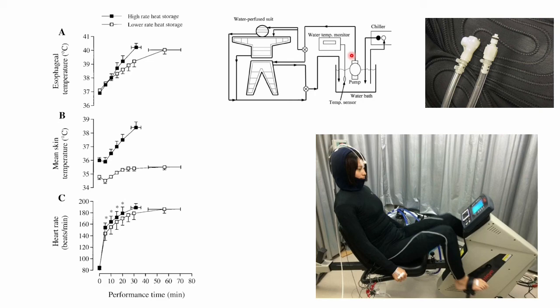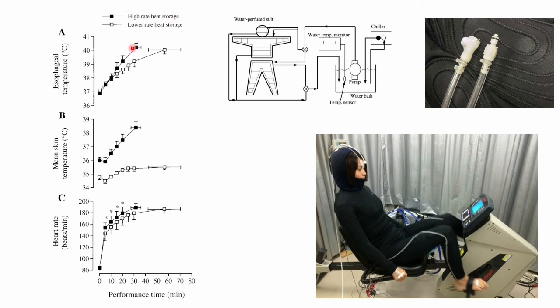So they did the experiment on two different occasions. Both of the times they started at normal body temperature, which is 37 degrees, roughly around 98.6 degrees Fahrenheit. And in one case, they had what they call a high rate of heat storage.